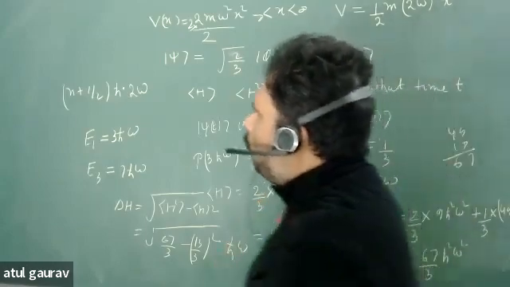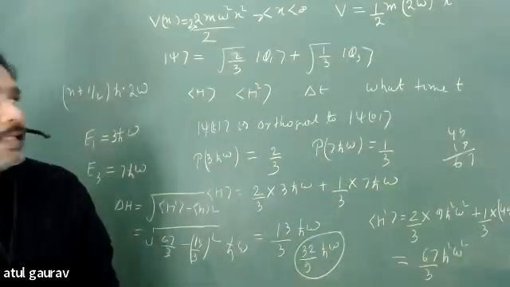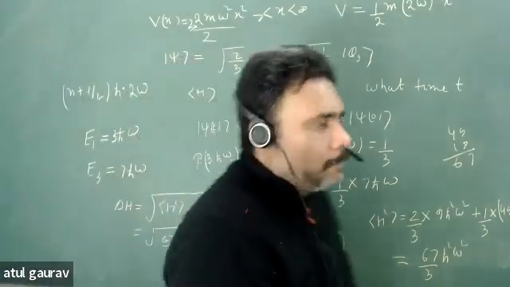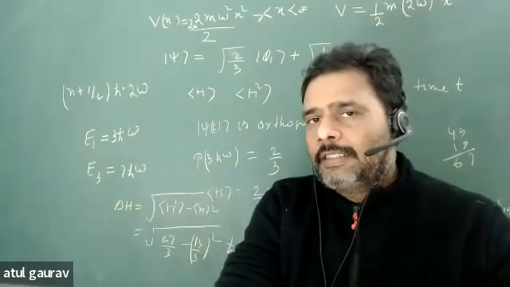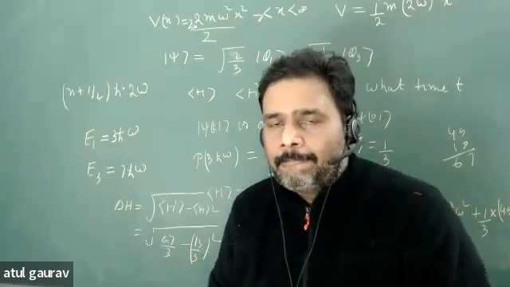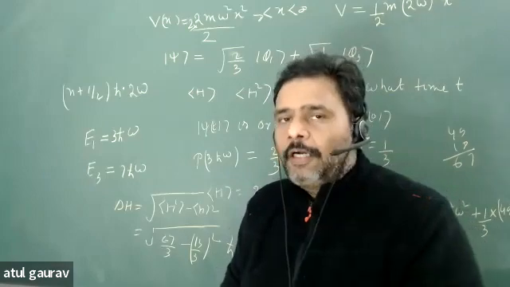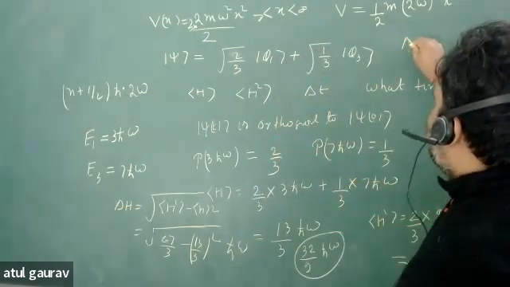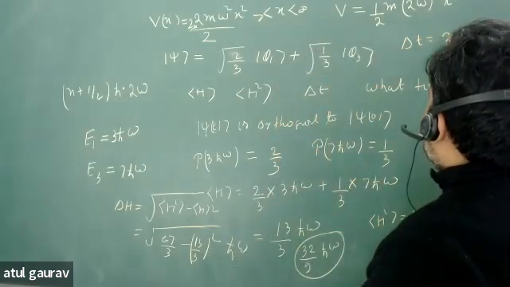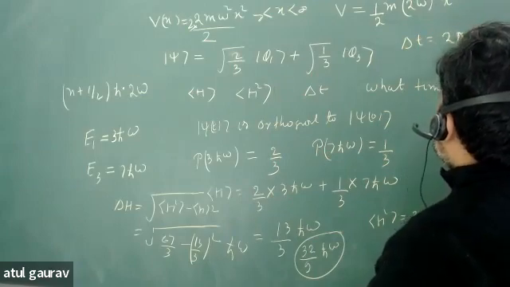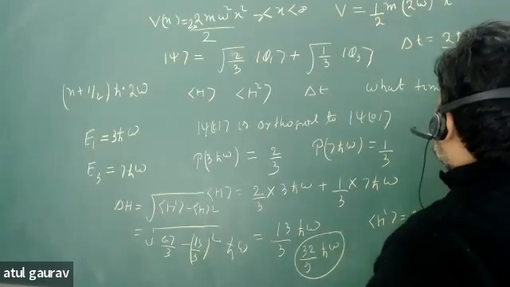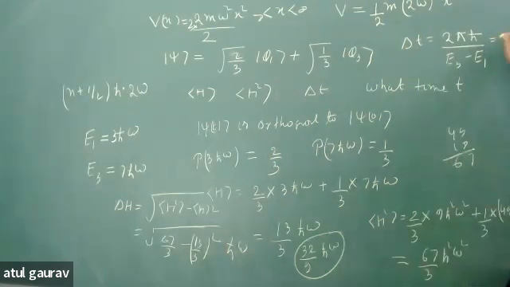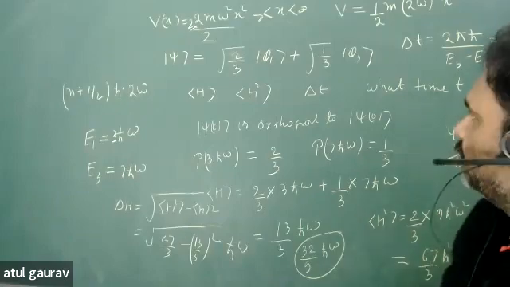Now what will be your delta T? How will you find it? Mod psi t square is equal to mod psi 0 square. That is also known as delta T. So what is your delta T? 2 pi h cut upon E3 minus E1.